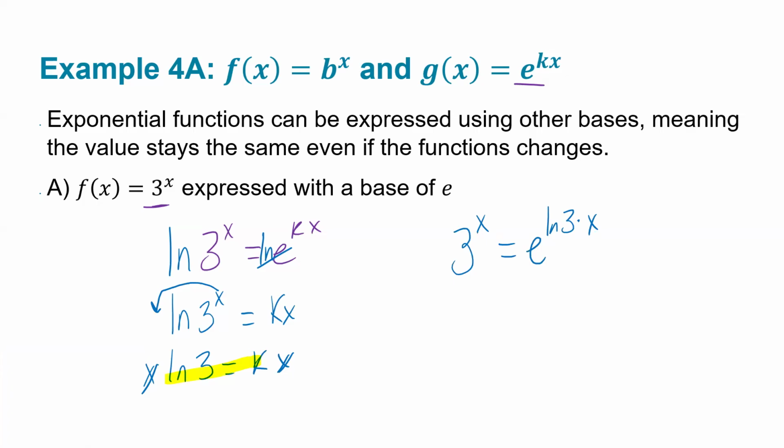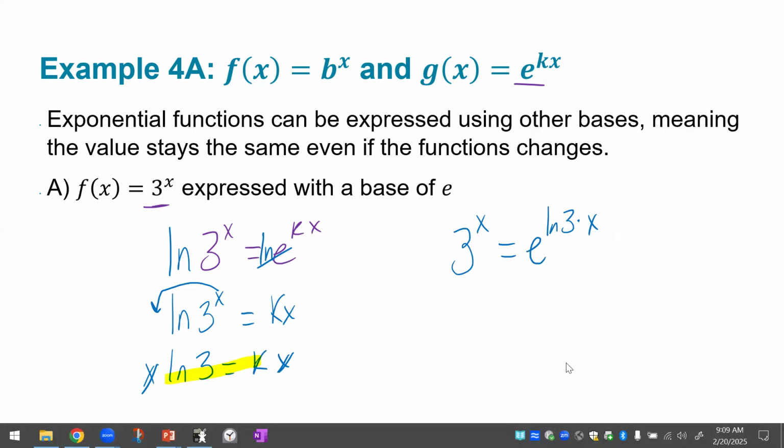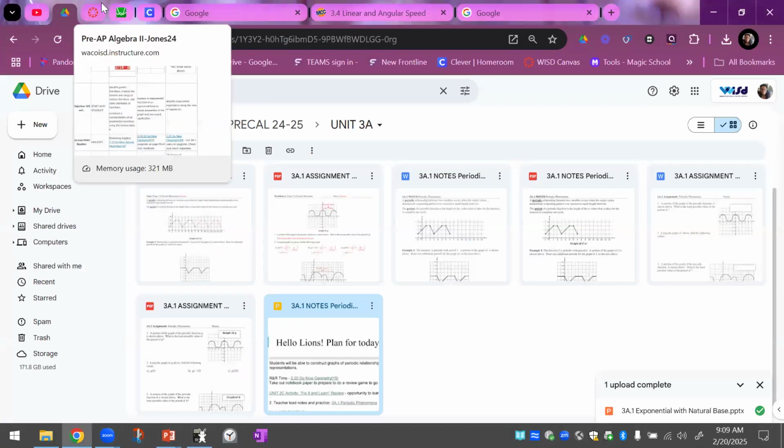We're going to use Desmos to prove this to be true. If you have your computer, go to Desmos graphing, graph 3 to the x, and then graph e to the natural log of 3 times x. I need my mouse because the clickpad is terrible.